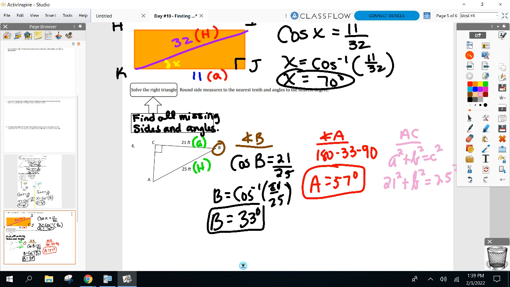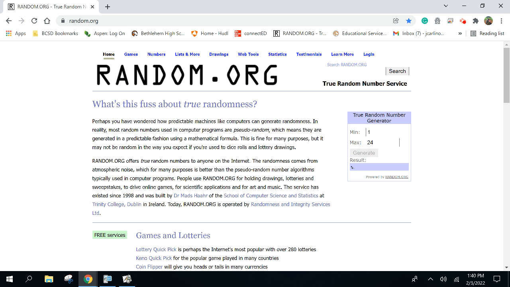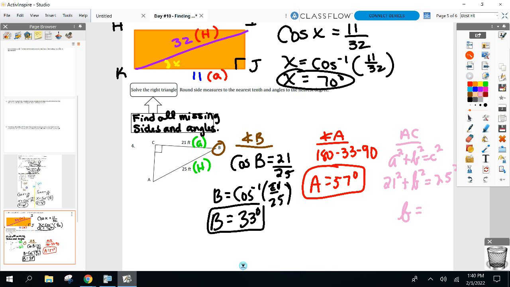And this gets rounded to the nearest tenth when somebody's ready.